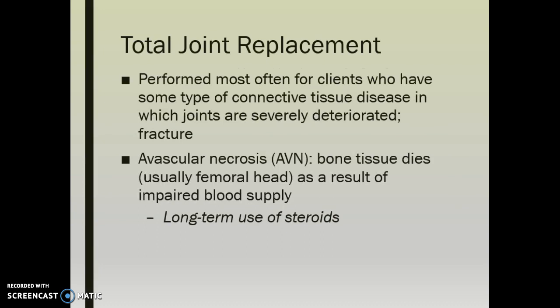First thing we're going to talk about is total joint replacements. These are performed usually electively. Obviously, you don't just go in and say, hey, I want new hips, but when you have a degradation of that joint, then a joint replacement is appropriate.